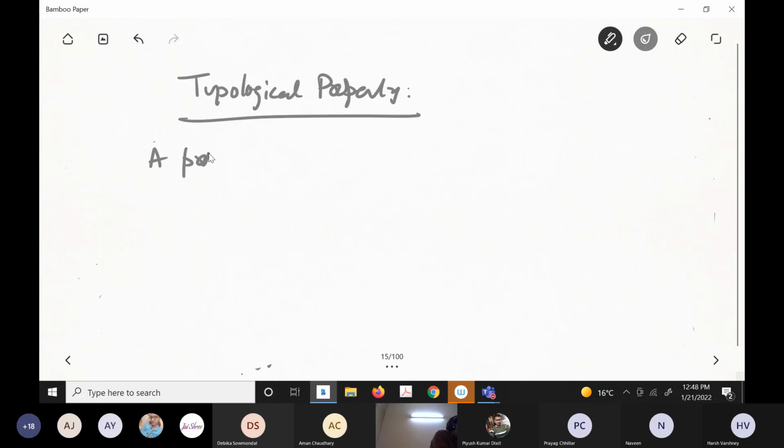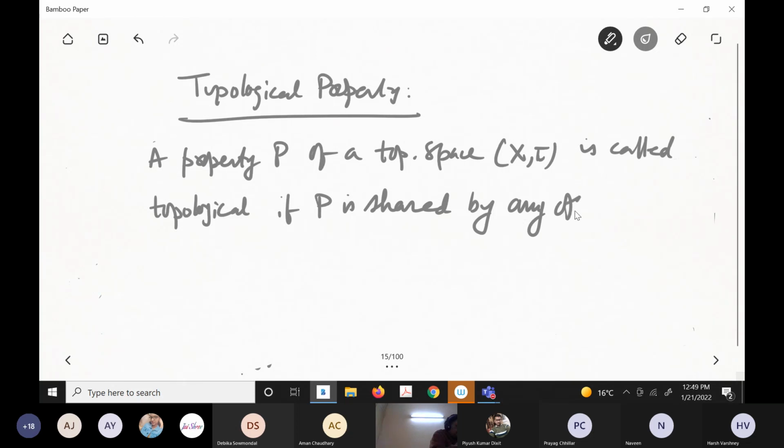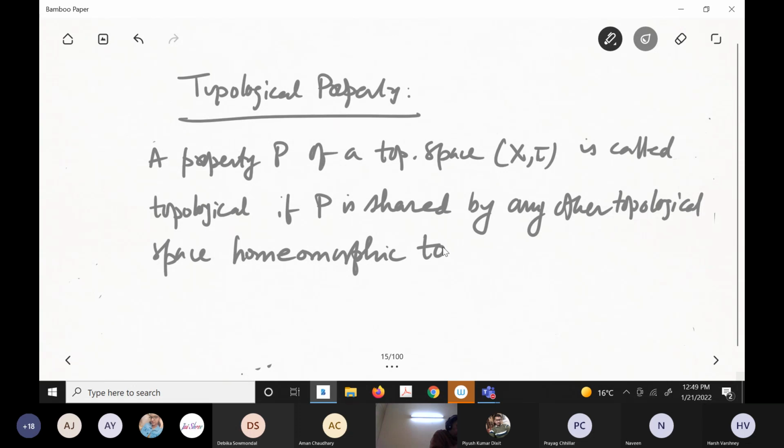A property P of a topological space X star, like separability, first countability, second countability, is called topological if P is shared by any other topological space homeomorphic to X star.